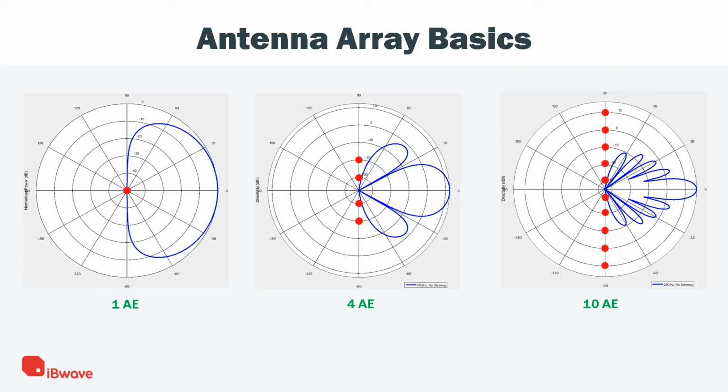When we increase further the number of antenna elements, for instance to 10 antenna elements, shown on the right side of this slide, it is clear that the beam width is becoming narrower, and the number of side lobes is now much bigger, and the side lobes will be high. But this is a physical problem of the antenna array, but fortunately there are some techniques to reduce the level of these side lobes.